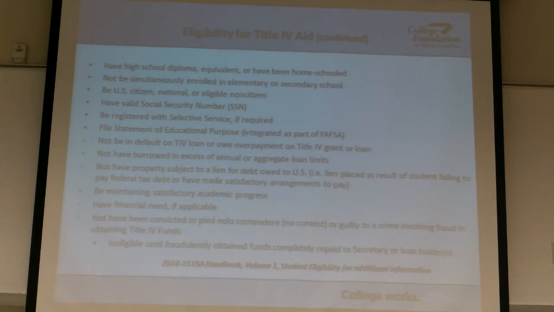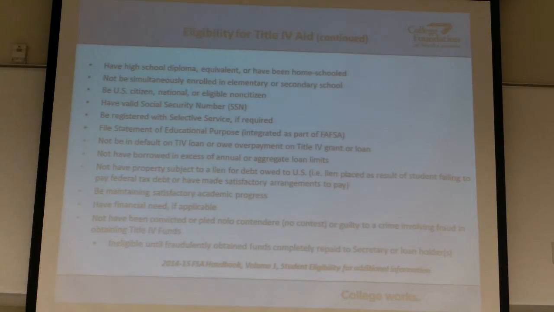The student has to be maintaining satisfactory academic progress, or SAP, which is defined at the school level, essentially making sure the student is keeping good enough grades to get on to graduation in a timely manner. The student has to have financial need, if applicable. There are some programs that are need-based programs, some that are non-need-based programs, but for some of them, they would need need.